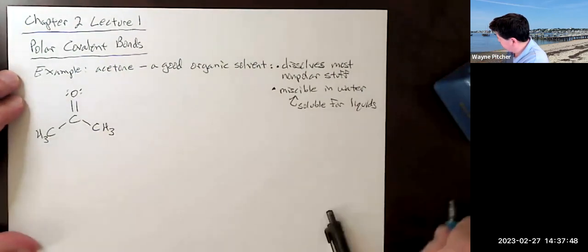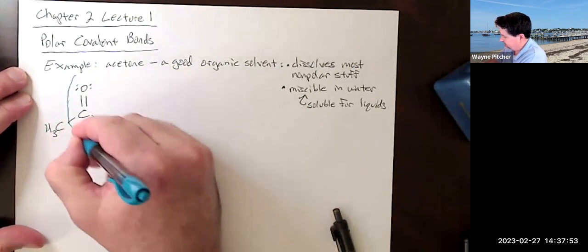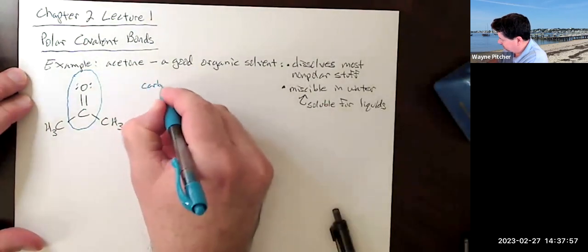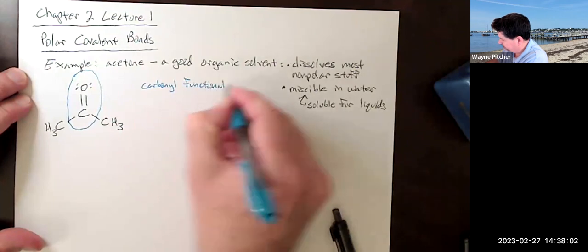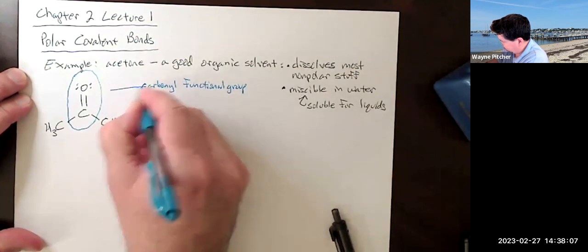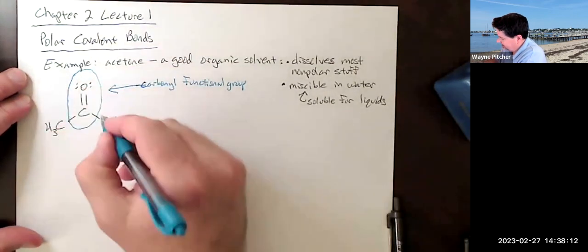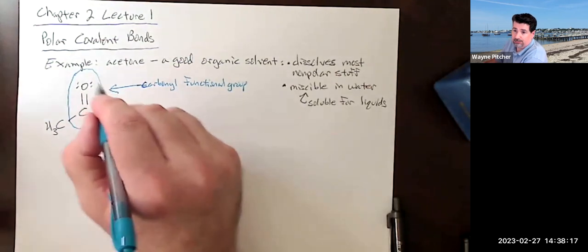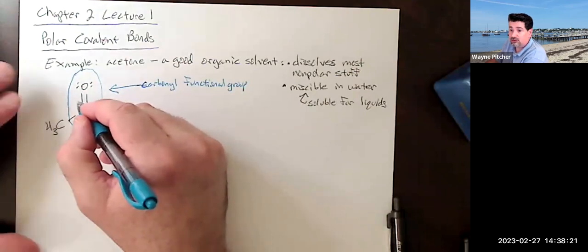Now, if we take a closer look at our acetone here, we see that we have a C double bond O, which is a carbonyl functional group. Now, carbon oxygen double bonds like this, actually any carbon oxygen bond, even single bonds, do not have the electrons evenly distributed.